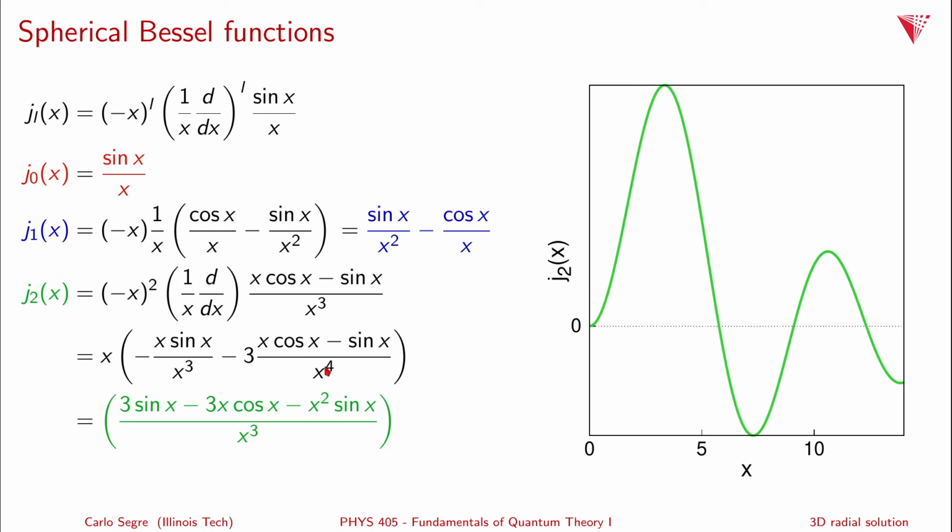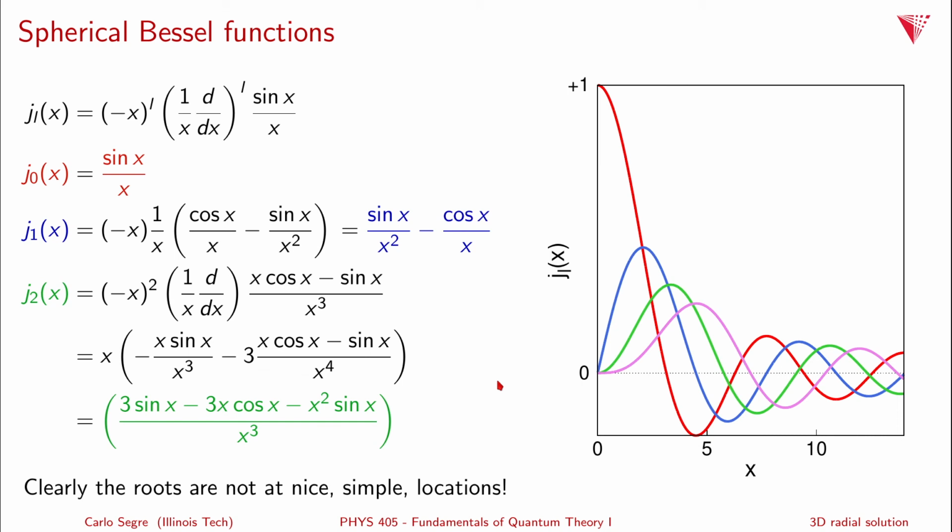And when I put it all together, the final quantity is 3 sine x minus 3x cosine x minus x squared sine x over x cubed. And that, again, starts at 0 and has oscillatory behavior. So these are the functions. And I show the fourth one as well. So the roots are not as simple locations, and you have to solve the roots numerically.